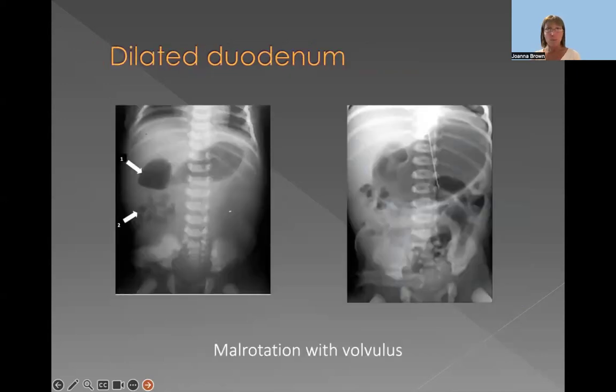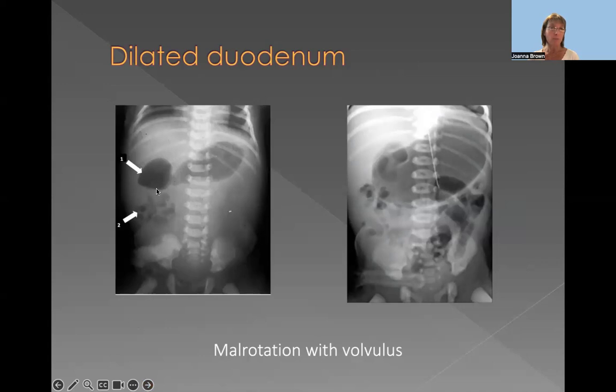Another, even more urgent finding is malrotation with volvulus. The clinical presentation of the baby, but also the appearance on the abdominal X-ray, can look very similar to other pathologies such as annular pancreas or duodenal web.